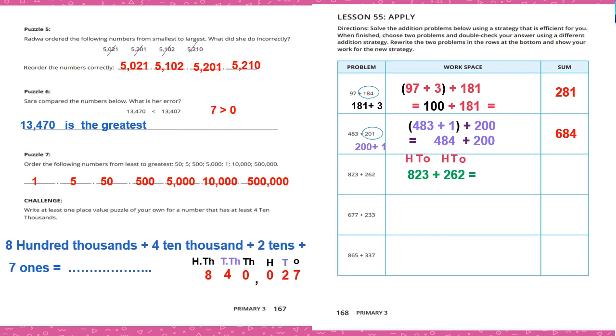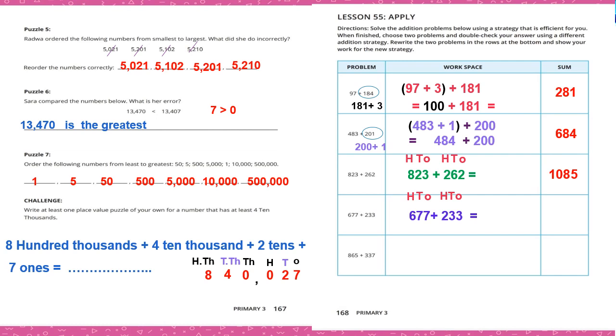Number 3. Another way, put ones, tens, hundreds, ones, tens, hundreds, and ones with ones, tens with tens, hundreds with hundreds. So 3 plus 2, 5. 2 plus 6, 8. 8 plus 2, 10. Put it together because I don't have any number to make the carry up.